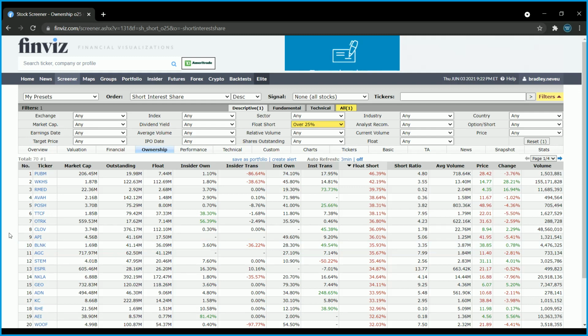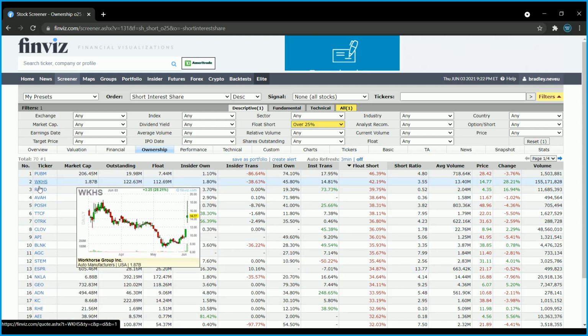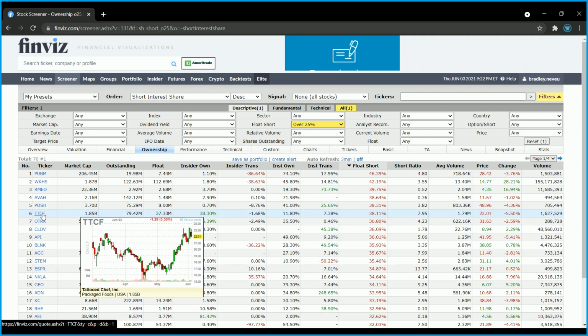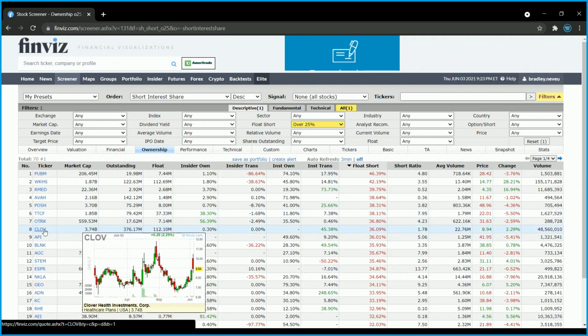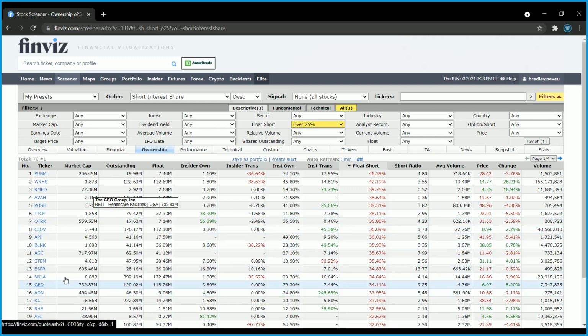When we see in the news AMC and GameStop going parabolic with these short squeezes, that's largely because of the retail investor having diamond hands and just not selling and keep buying in. So I look for, okay, what is popular on this list, right? Workhorse is popular. Tattoo Chef is popular. I think I've seen a lot about Clover, things like that.